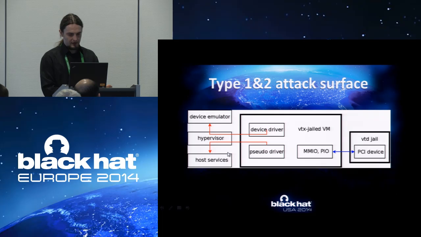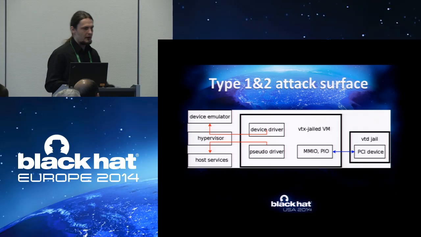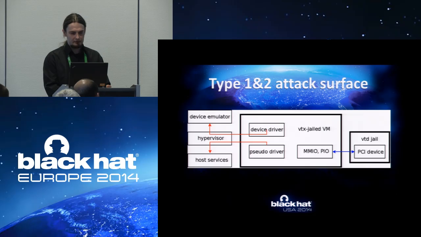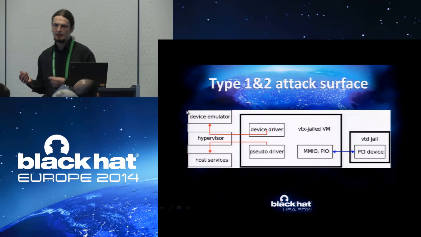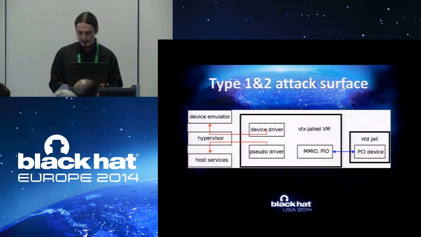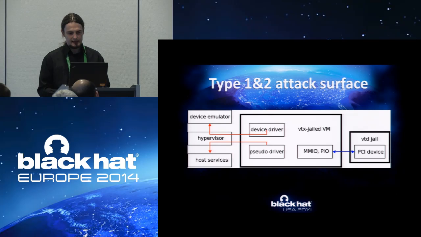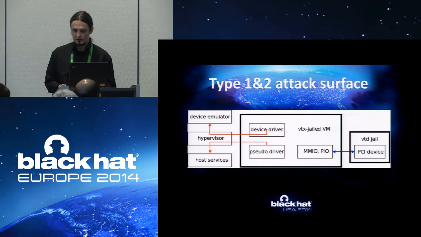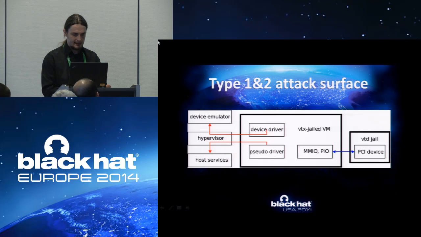On top of that, a lot of virtualization vendors try to provide some additional services to the VM. Once you have a device emulator running, you do not need anything else to actually boot the VM and use it, right? But for functionality and ease of use, a lot of vendors provide some additional services. So again, there is some code running outside of the VM, so it's security critical from our point of view.